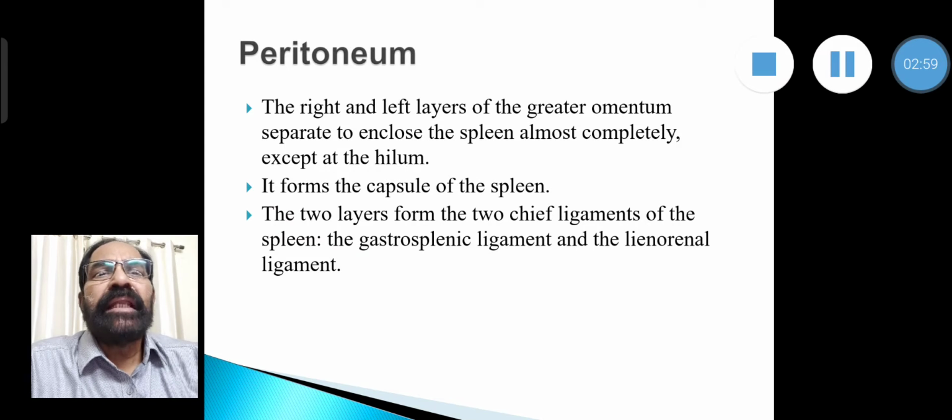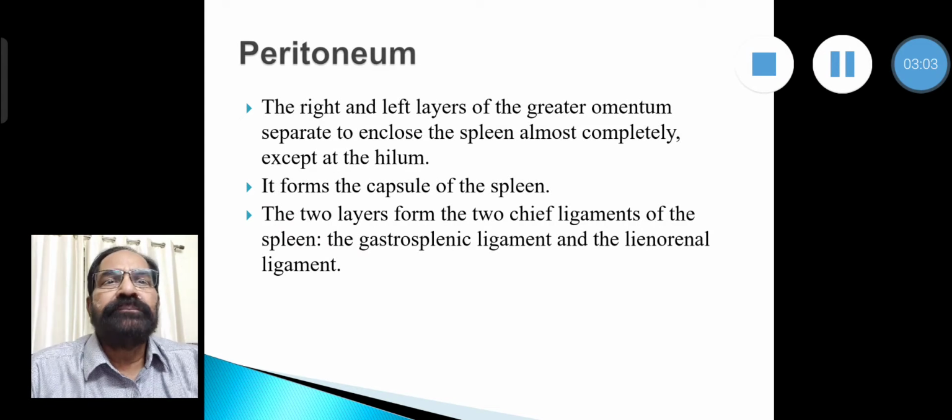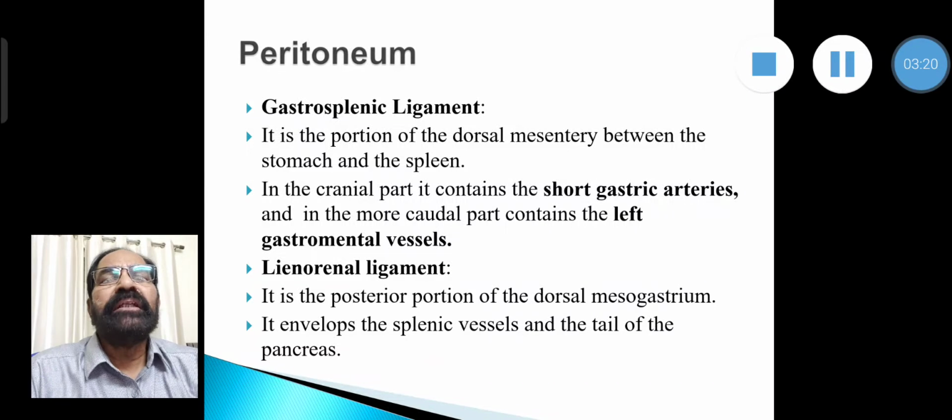Peritoneum. The right and left layers of omentum separate to enclose the spleen almost completely except at the hilum. It forms a capsule for the spleen. The two layers form two chief ligaments of the spleen, that is gastrosplenic and lienorenal ligaments. Gastrosplenic ligament.